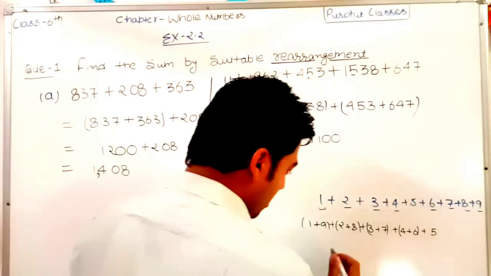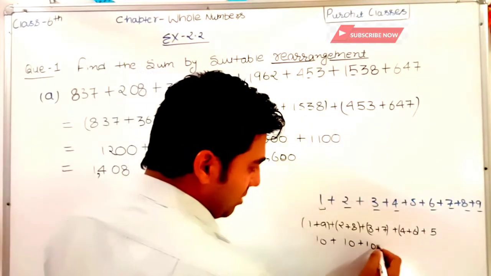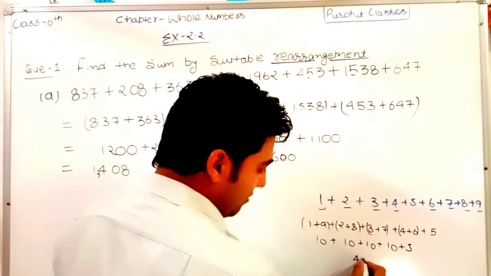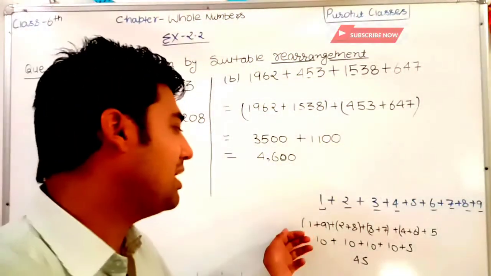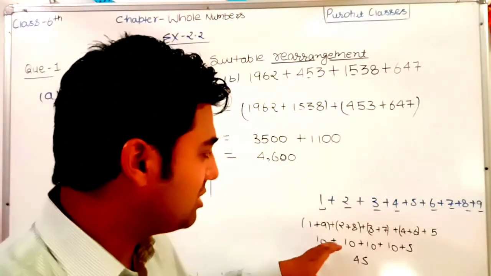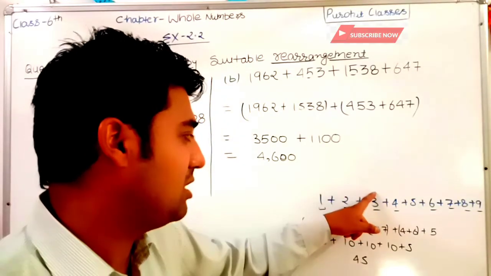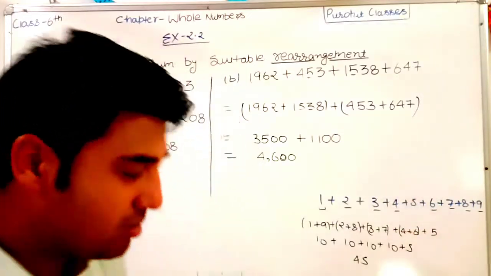We will do the calculation faster. This will be 10 plus 10 plus 10 plus 10 plus 5. 45 will be the answer. It takes less time because it is very easy to add numbers that end in 0. But if we go like this, 1 plus 2, 3, 3 plus 3, 6, 6 plus 4, 10, 10 plus 5, 15, 15 plus 6, it will be very difficult.